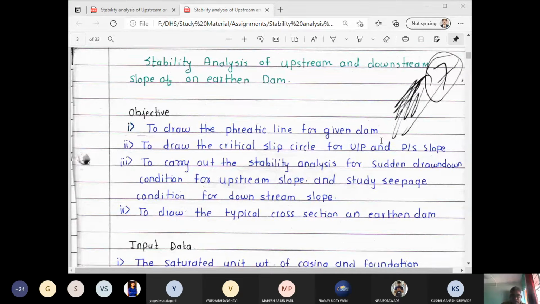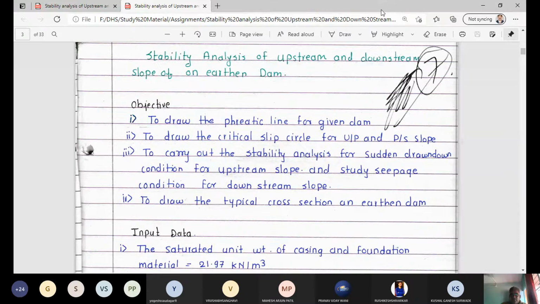The next is to draw the critical slip circle for the upstream and downstream slope, as per the slip circle technique, like the Mohr circle you studied in geotechnical engineering. The third objective is to carry out the stability analysis for the sudden drawdown condition for the upstream slope and the steady seepage conditions.